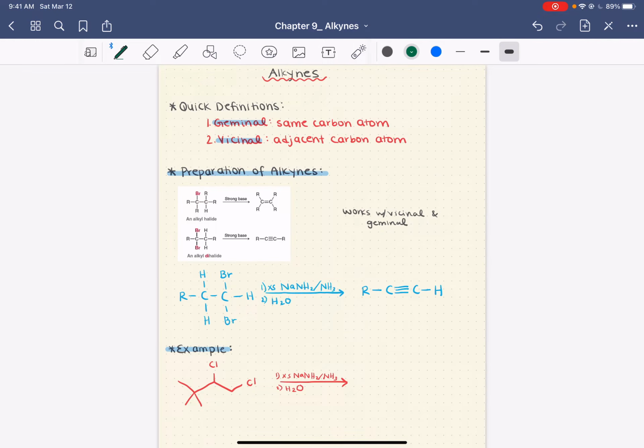First thing up is let's learn how to prepare alkynes. Alkynes consist of a carbon-carbon triple bond. And remember, a triple bond consists of one sigma bond and two pi bonds. The bond angle for a triple bond is 180 degrees.